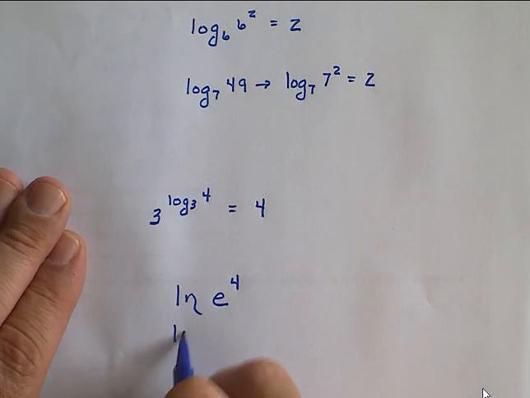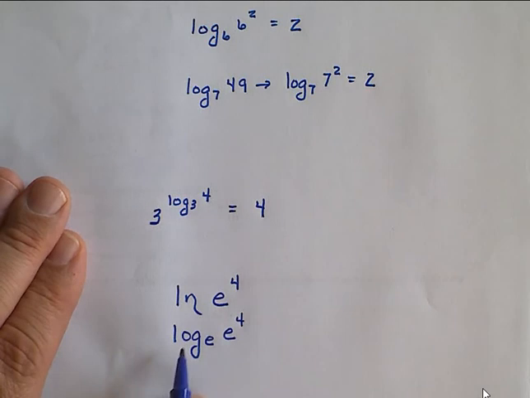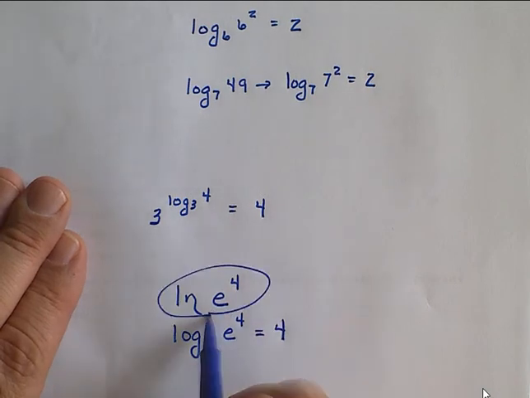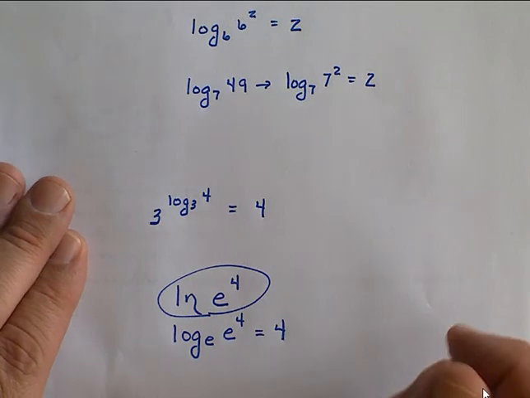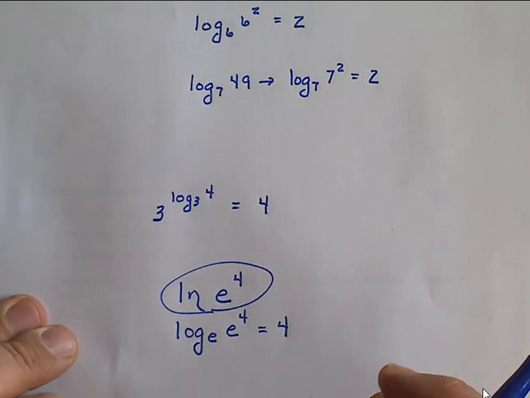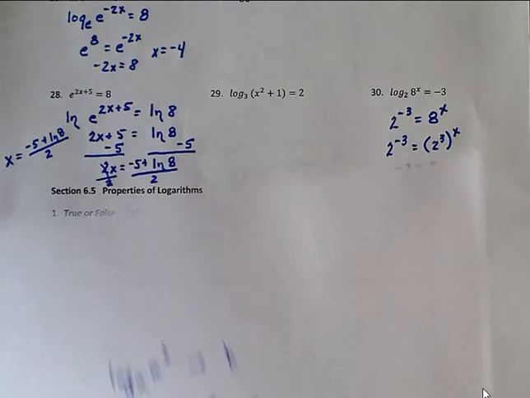That's log base e of e to the 4th. And we just said that whenever this base down here and this base are the same, all of that drops off and you're left with 4. But it looks like that to begin with. So we can use that same idea to take some expressions and rewrite them in simpler form. That will be one of the issues they'll be trying to tie in.